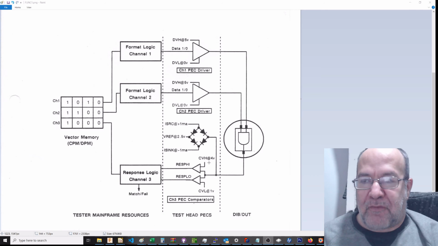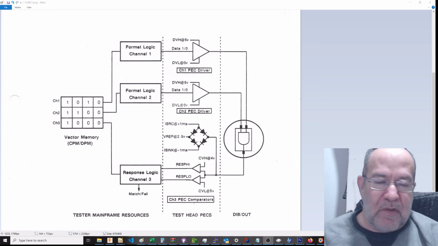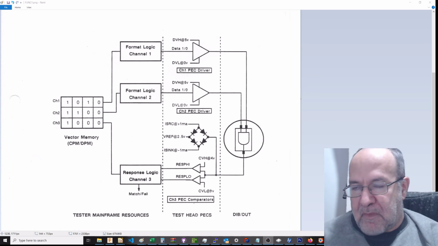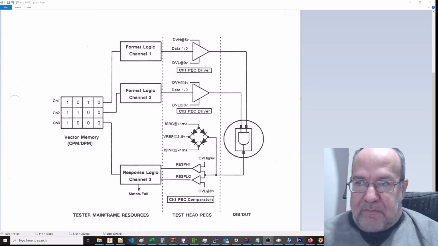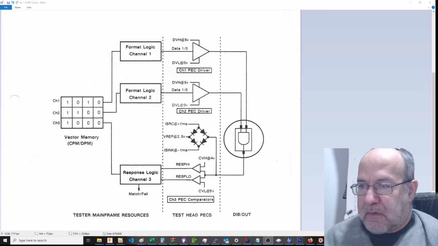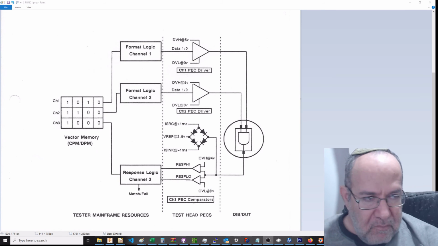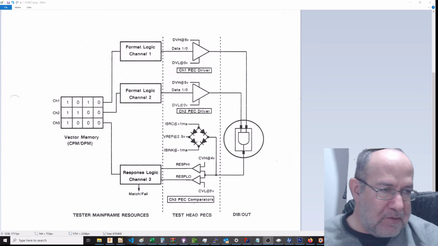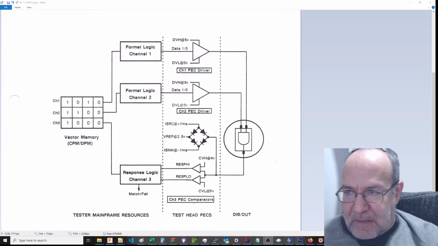So if I'm above 4 volts, it'll pass, or if I'm below 1 volt, it will fail. Okay, this is a very simple example of a functional test of a 2-input AND gate.